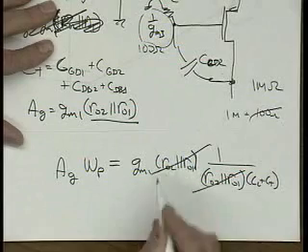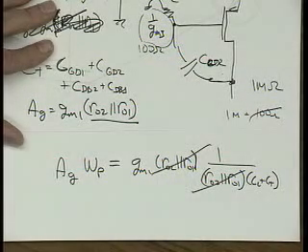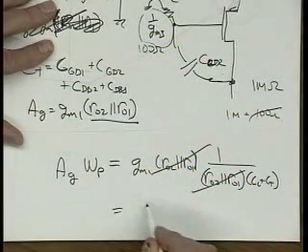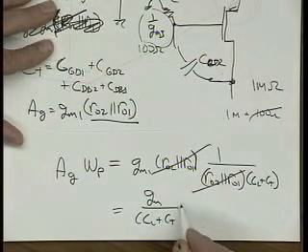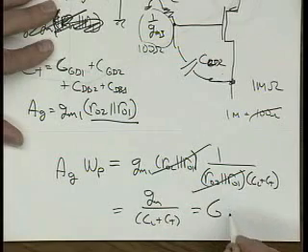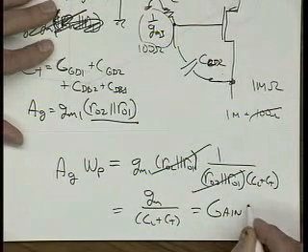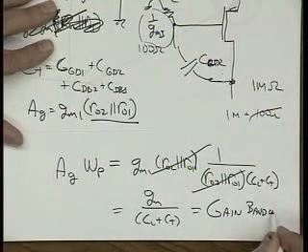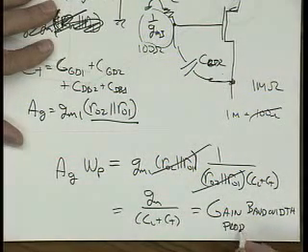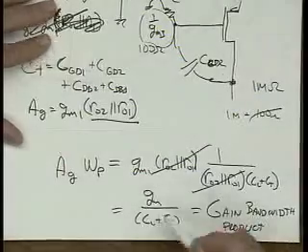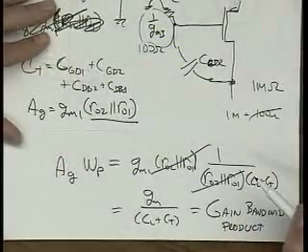These two resistances cancel out, okay? We end up with GM over CL plus CT. This is called the gain bandwidth product. Notice it's independent of the resistances.